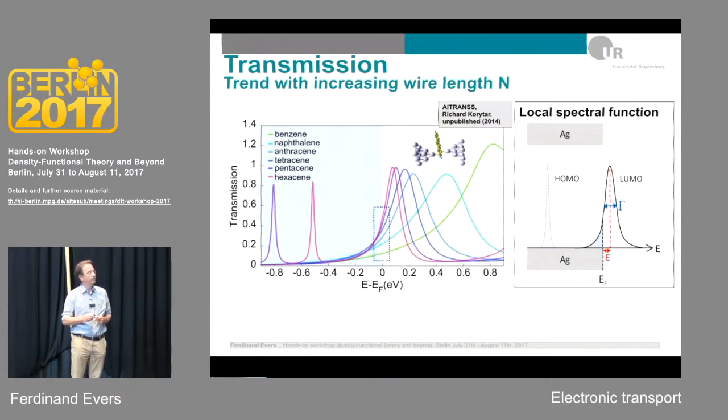This local spectral function has a low energy piece that overlaps with the occupied states. So this is actually sucking up charge. And if we integrate this, then that will just tell us how much charge is actually sitting in this molecular orbital. And now what happens in this flow of this DFT transmission function is that there's an associated flow in the spectral function, and the amount of charge that sits on the molecule will eventually converge to a finite number if we go into the long molecule limit.